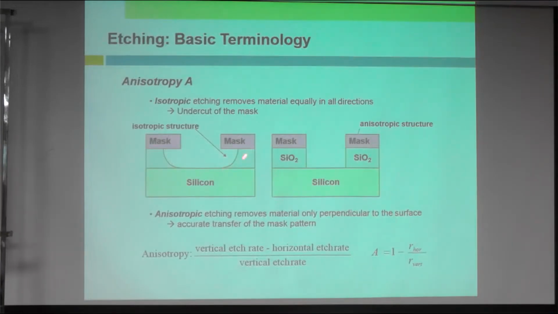So that's why undercut happens. Meaning, if you have this size of distance, for example 50 micrometers or 10 micrometers, it might undercut by a few micrometers to the side.